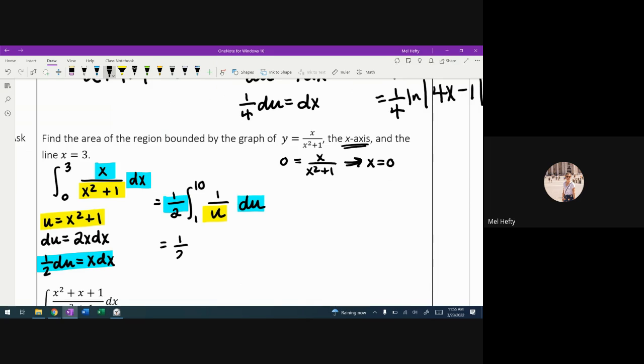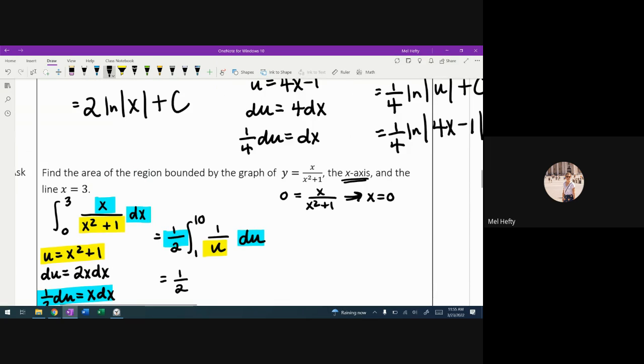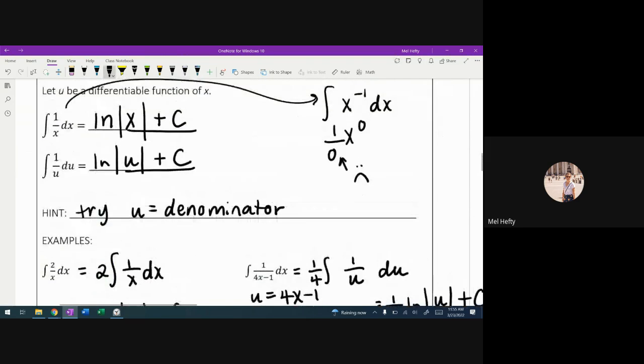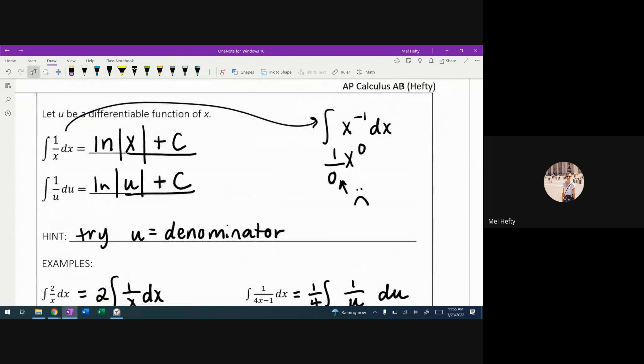I know the 1/2 is going to stay. What is the integral of 1 over u? Natural log.